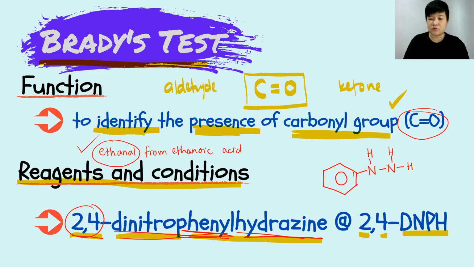Obviously, the carbon that is holding the hydrazine will be carbon number 1. Carbon number 2 over there will be holding a nitro group. 3, 4. So carbon number 4 will also be holding a nitro group. So that is your 2,4-dinitrophenylhydrazine. Your hydrazine as your parent, your phenyl group as your substituent, having 2 nitro groups attached.